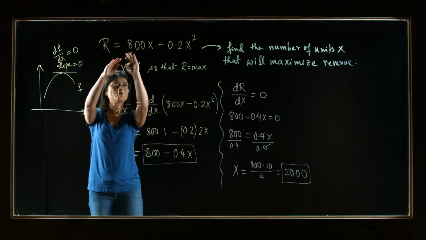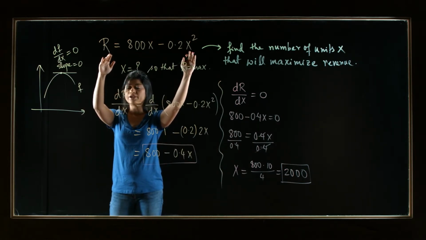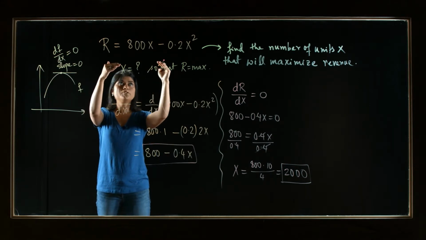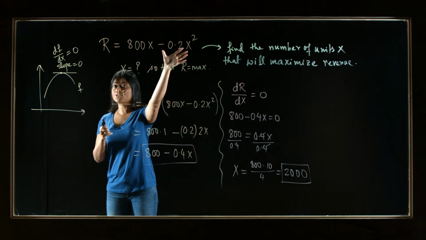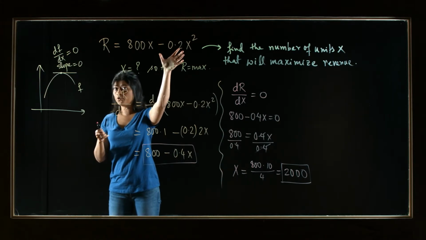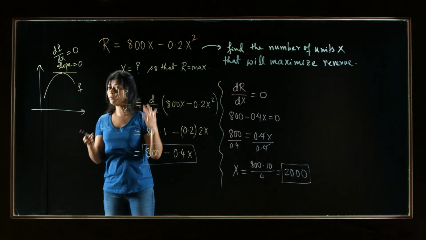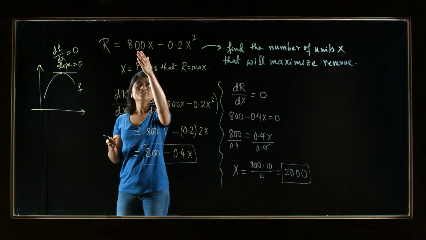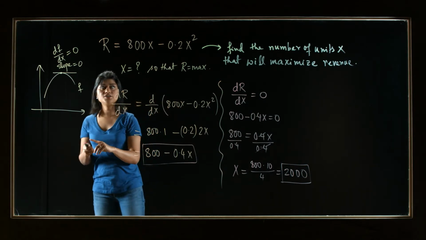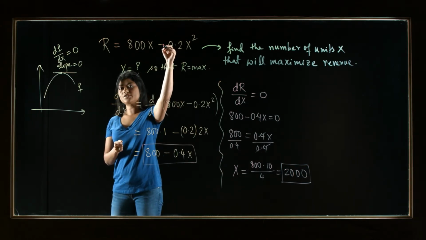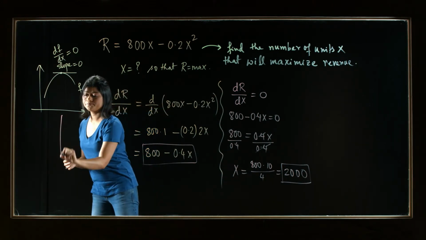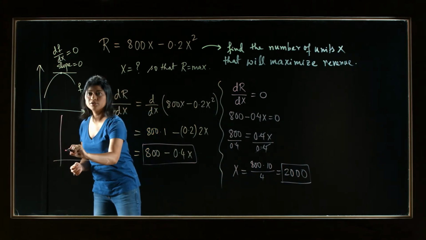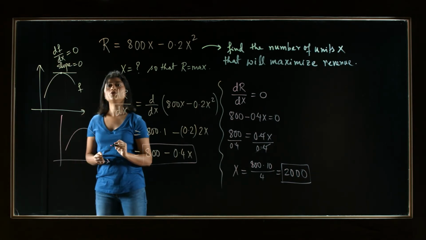So how do we know that this will be a maximum point and not a minimum point, for example? So let's go back to the original function for the revenue and carefully notice that this function is a quadratic expression, and therefore its graph will be a parabola. We know that. Okay, so this is a parabola. Further notice that this negative sign will ensure that the parabola is going to be opening downward for sure.